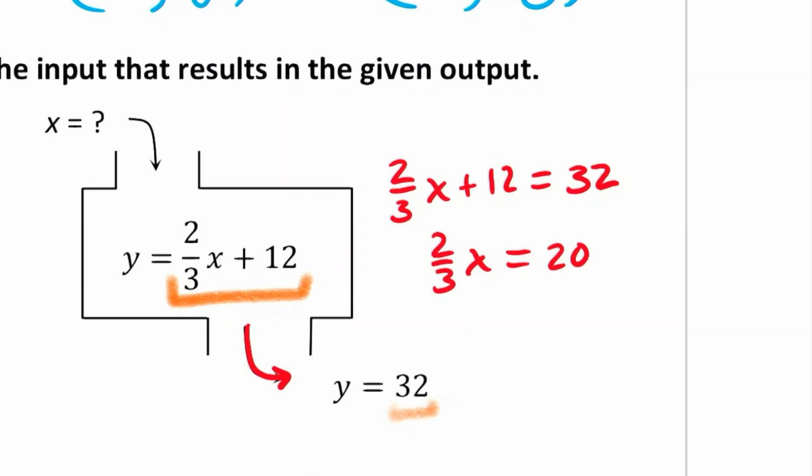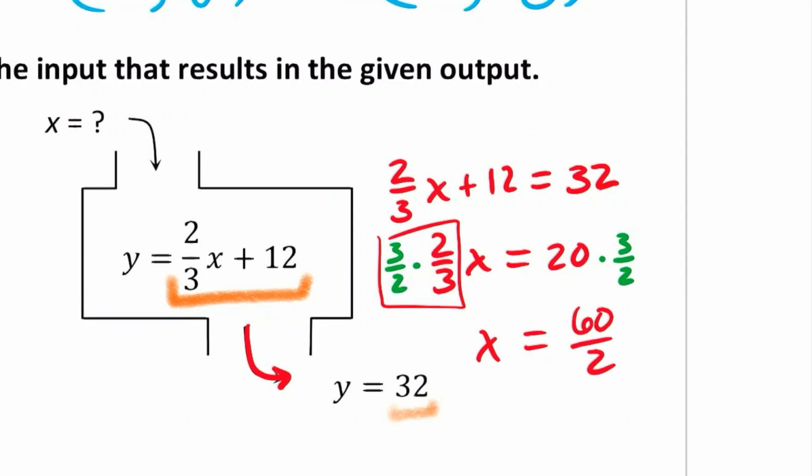And then I could do one of two things, right? I could multiply by the reciprocal, so I can multiply both sides by 3/2. When I multiply the left-hand side by 3/2, this becomes 6/6, which is just a 1. So this is now just a giant 1, and I'm left with x. On the other side, I end up with the number 20 times 3 is 60/2.